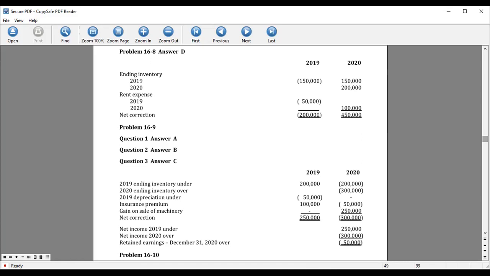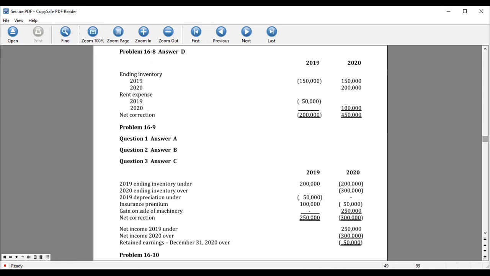In 2020, of the prepaid insurance of 100,000, only 50,000 is the prepaid portion. So we have now the next insurance premium already expensed. Then we have depreciation.